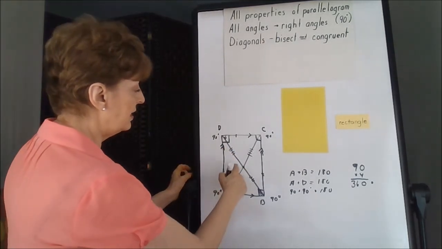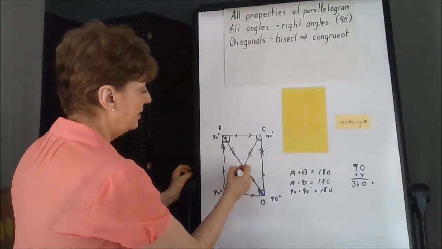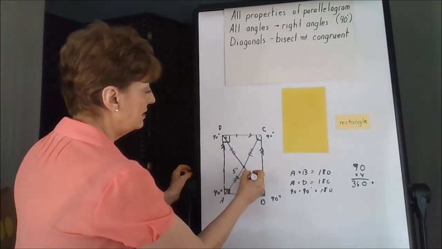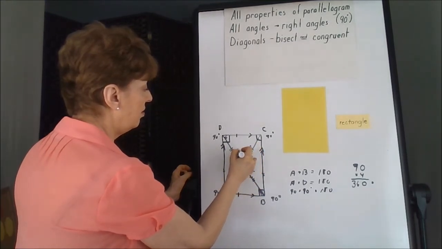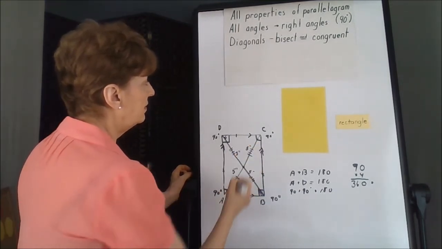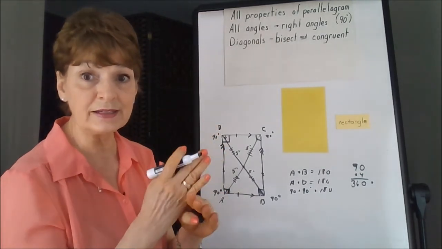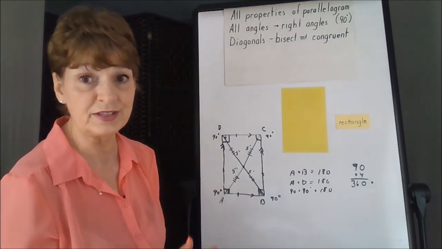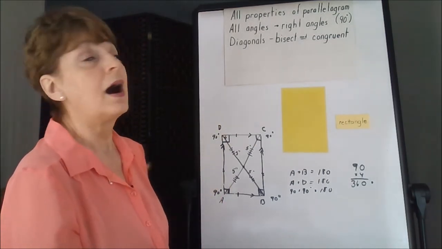So if this is maybe 5 inches, that would make all of these 5 inches because they're all congruent. When they bisect means to cut into equal portions. That's how we get a rectangle.